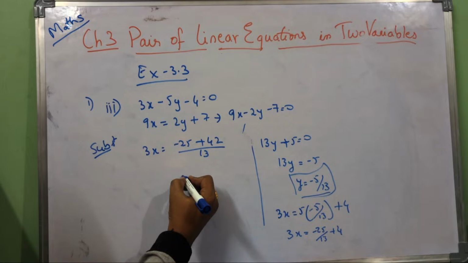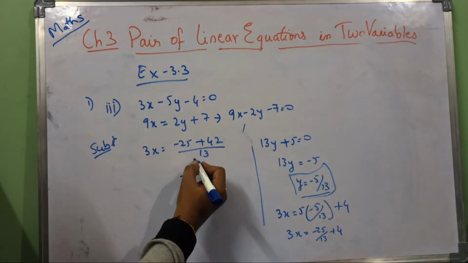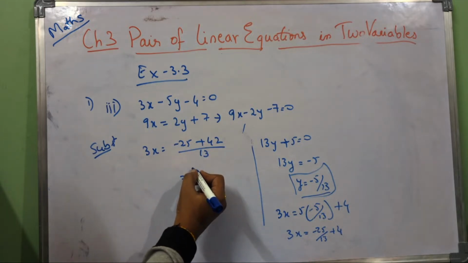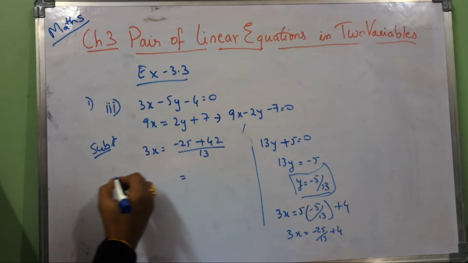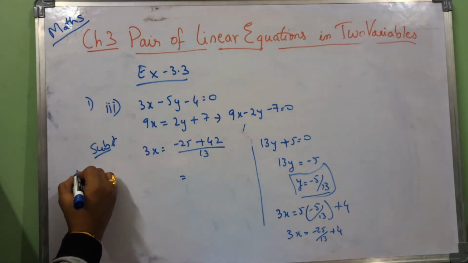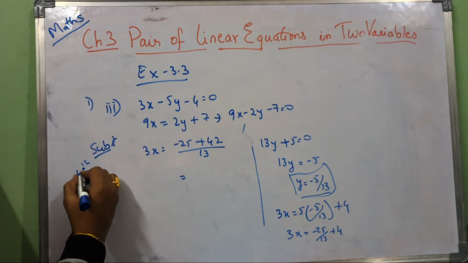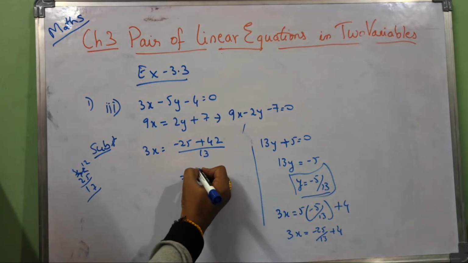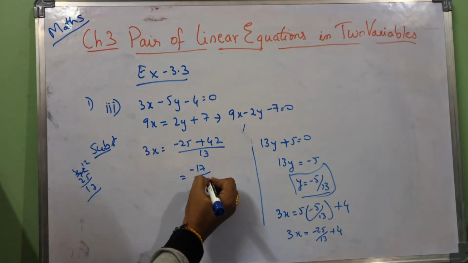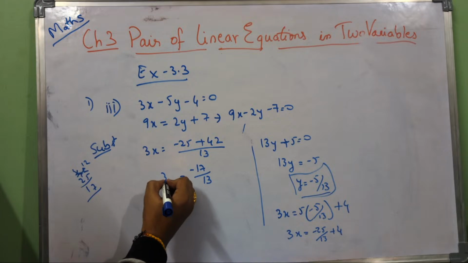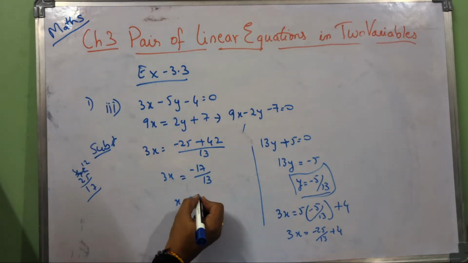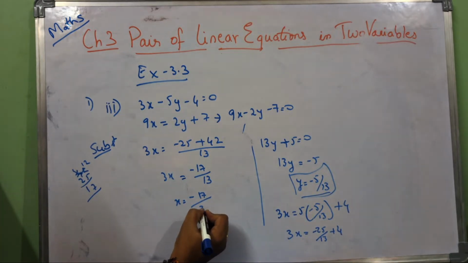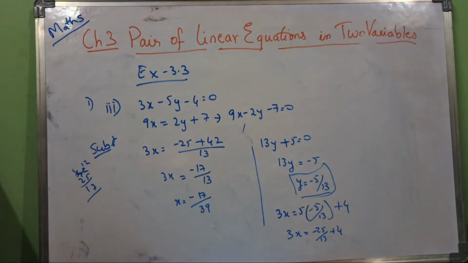Minus 25 plus 52 is 27, so 27 by 13. So x value is 27 by 39. Y value is minus 5 by 13.